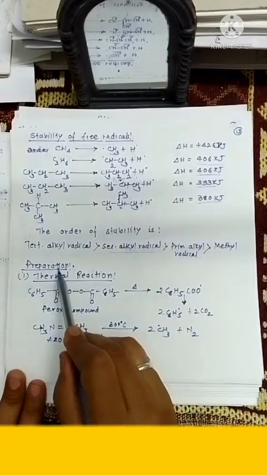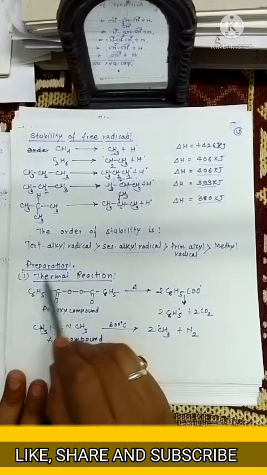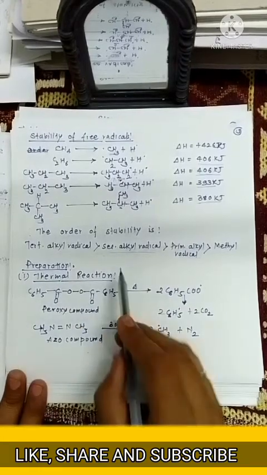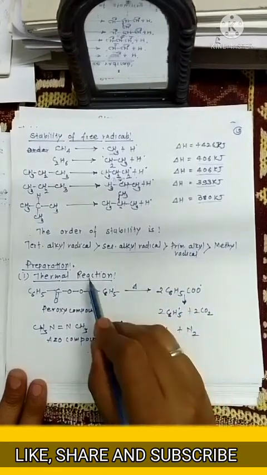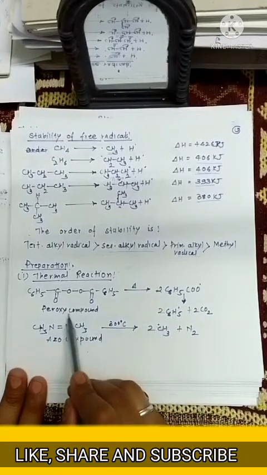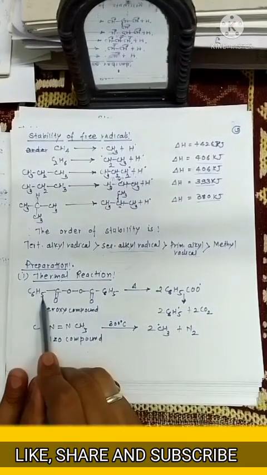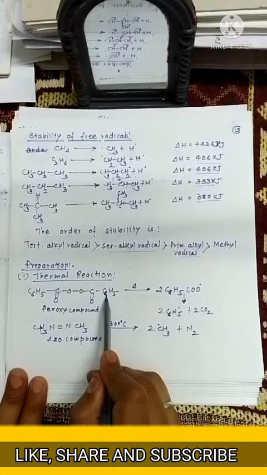Now we are going to see the preparation of free radicals. First is by thermal reaction. So, a peroxide compound, just see, it is benzoyl peroxide.